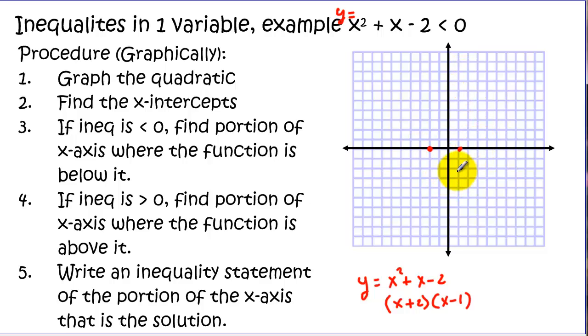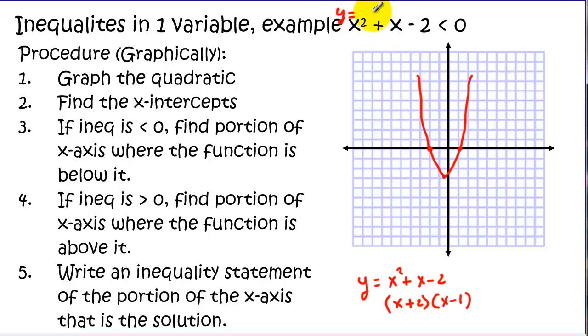I don't really care exactly where this vertex is, because for this method we're not looking at the y values in particular. So I'm just going to place the vertex here. I didn't calculate it. We could find the midpoint, negative 1/2, plug that in and get some fraction for the exact value, but we don't need to know that. So I'm just going to sketch in the parabola here.